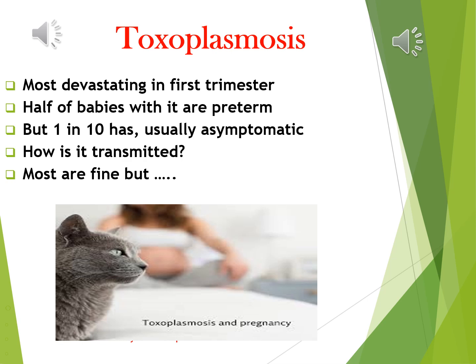Having toxoplasmosis in adults is usually undamaging and unnoticed, but they can pass it to a newborn. If a pregnant person does have toxoplasmosis, half the babies will be preterm, and preterm is such a huge health risk.